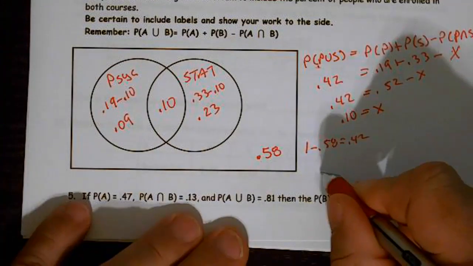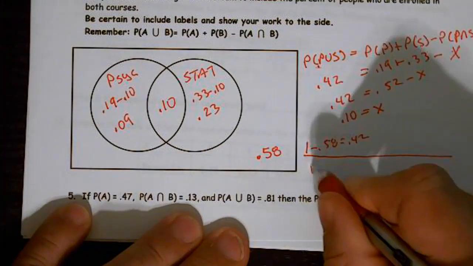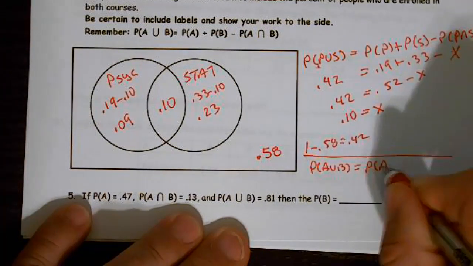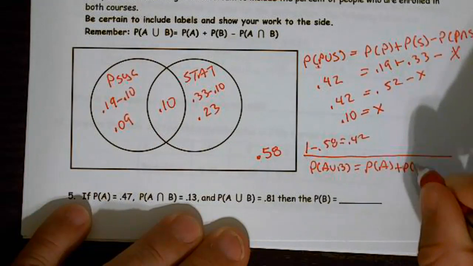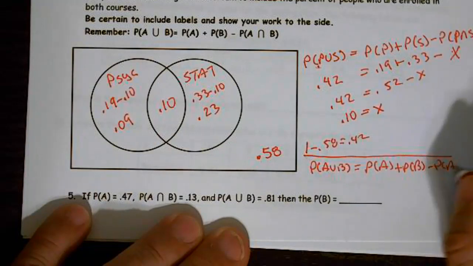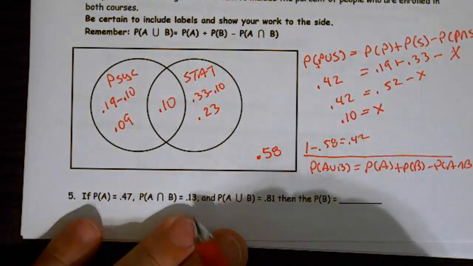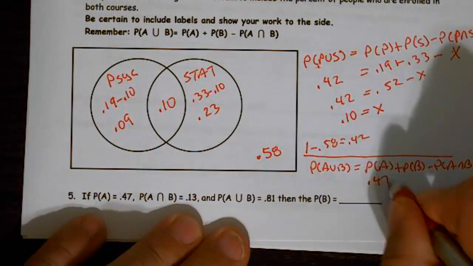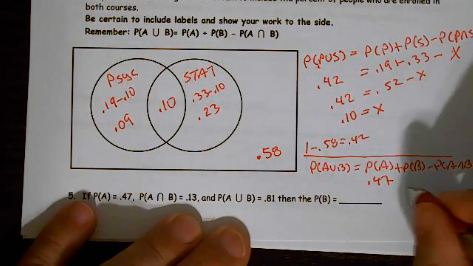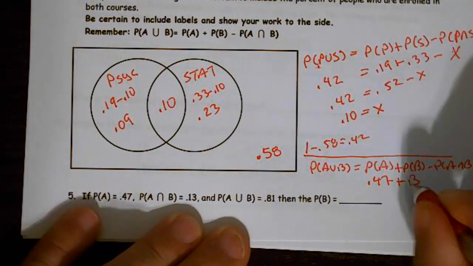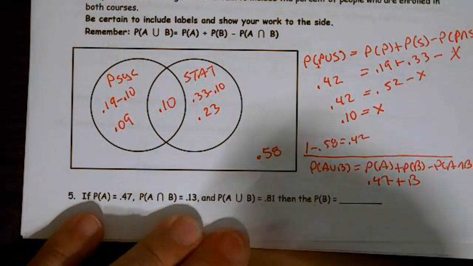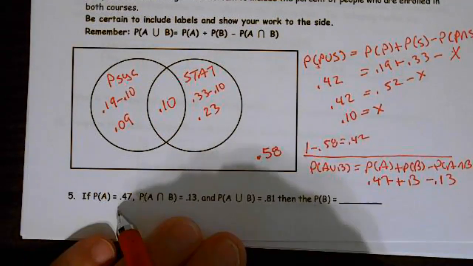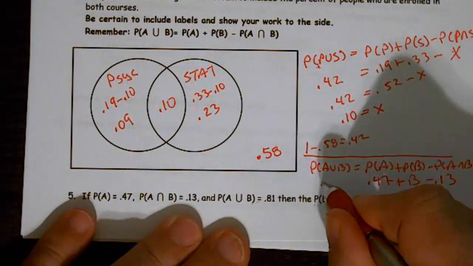The general addition rule is simply the probability of A union B equals the probability of A plus the probability of B minus the probability of A and B. So the probability of A is 0.47. The probability of B, we don't know, so I'm just going to write B. But we know the intersection. They told us that is 0.13. And they told us A union B is 0.81.